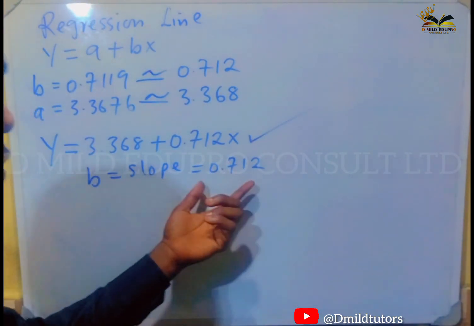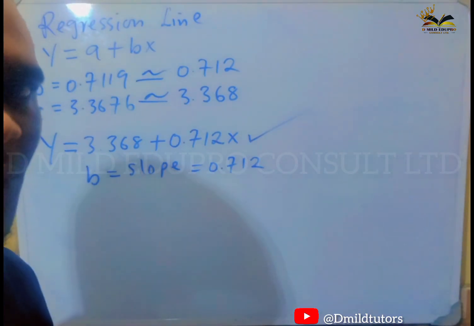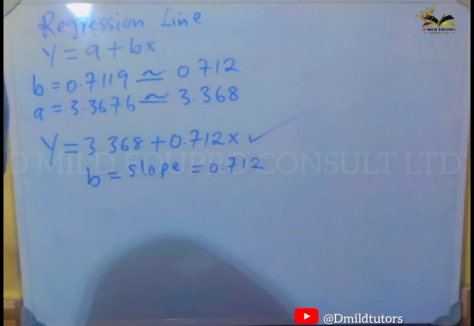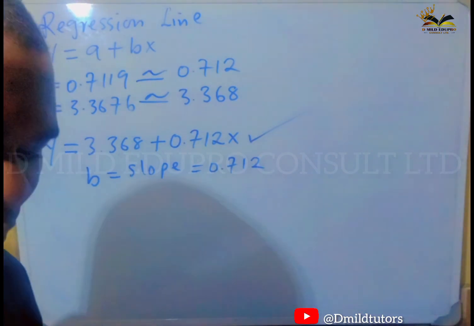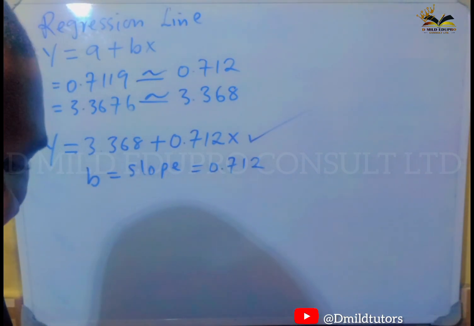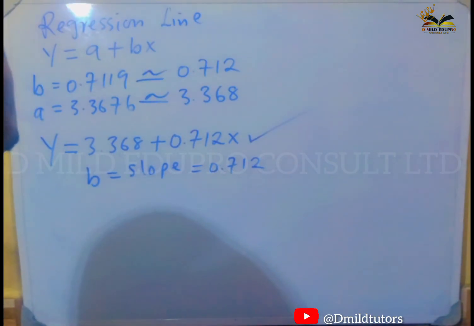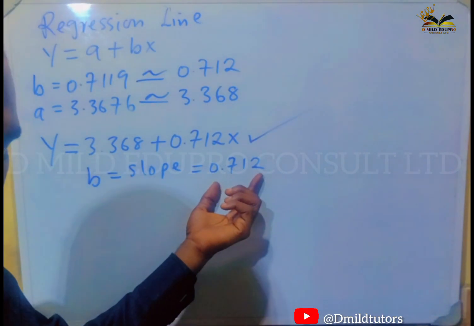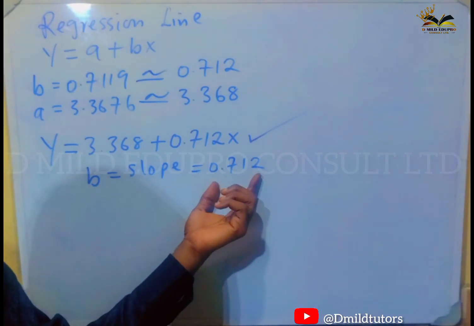The interpretation of the slope will be on the screen as you see. Just read it and get it right. And what does it say? It says that for each additional 1 hour of training, an employee's performance score is expected to increase by this value.